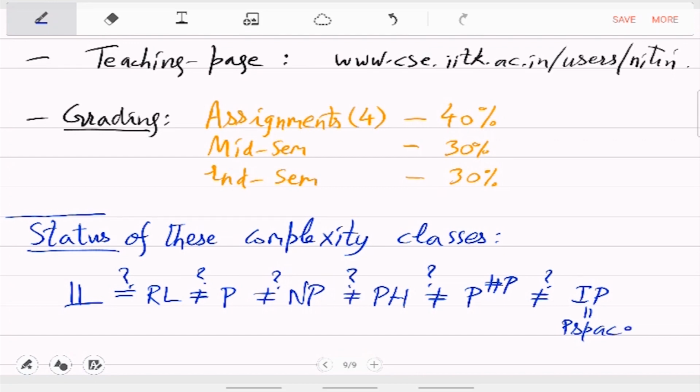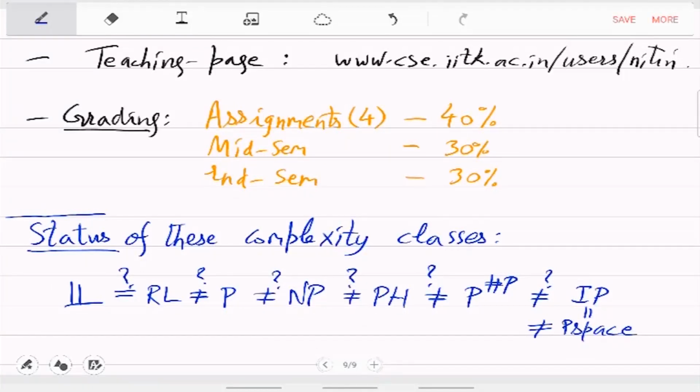This is a famous theorem, IP equal to P space. This we'll show. And we don't know whether P space, which is contained in exponential time, is different from it. However, what we do know is P and, okay, let me branch this off.